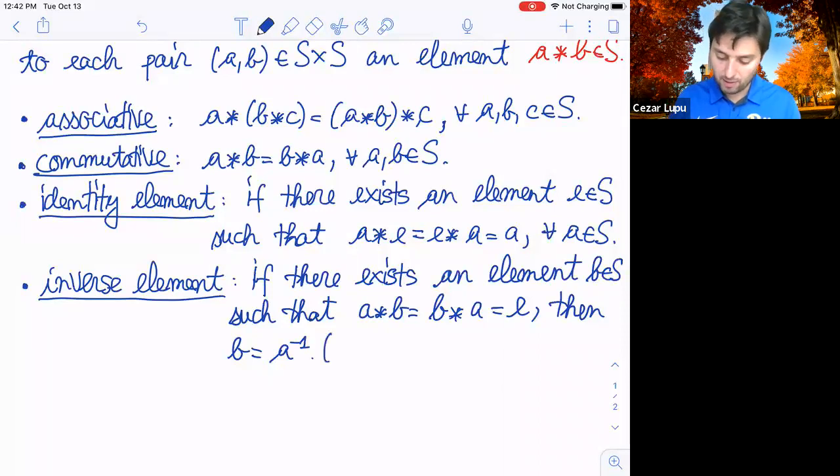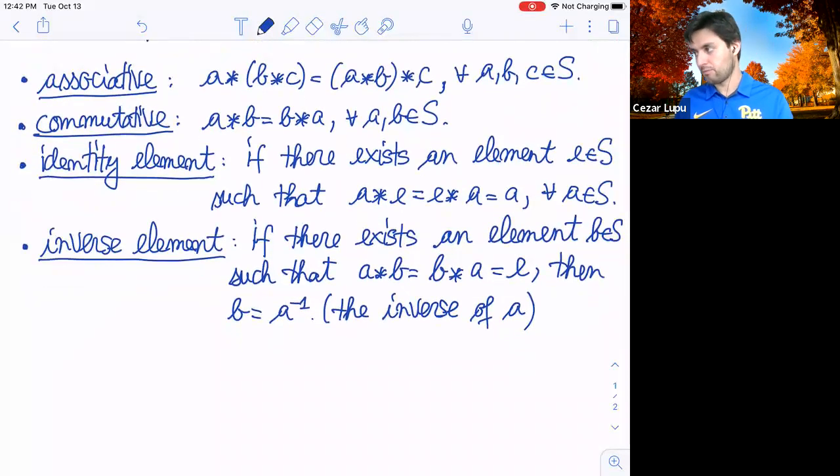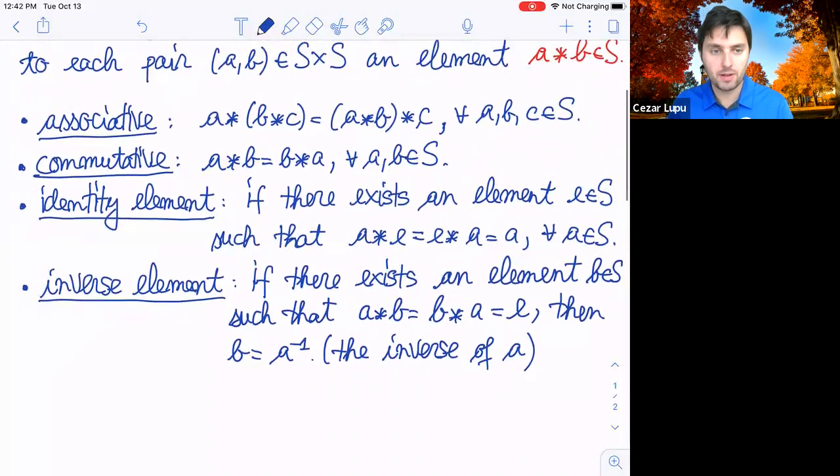So this is the inverse element of A, right? Okay, so we have this. These are the main operations that you can perform with elements in, we're not even talking about a group, a set, let's say.